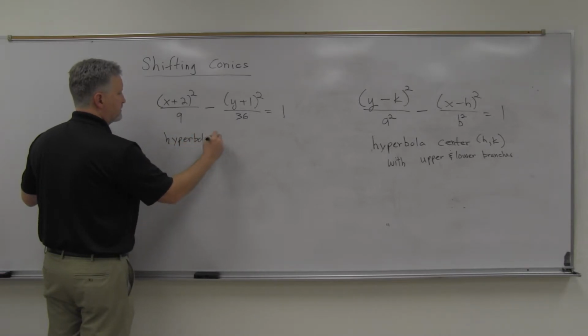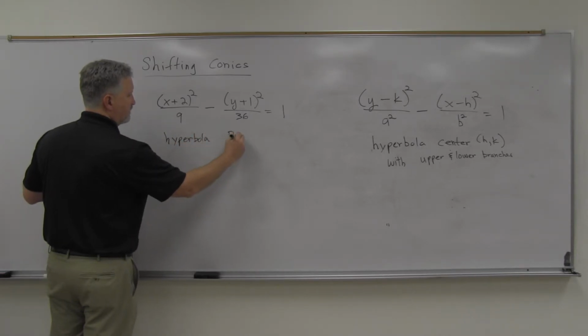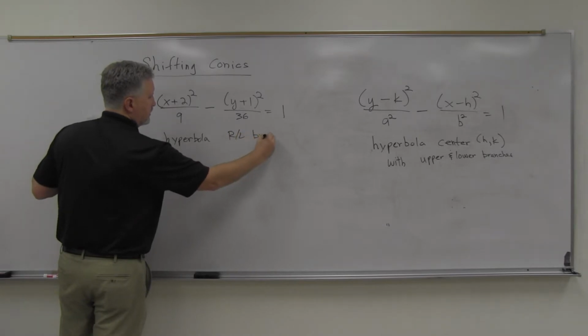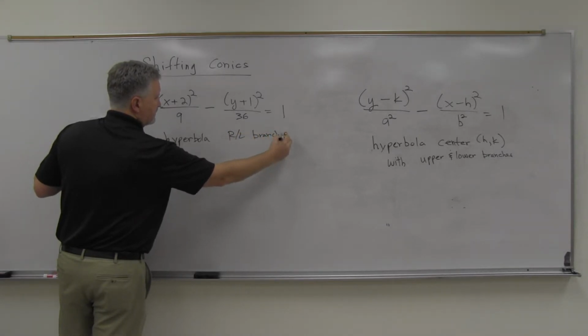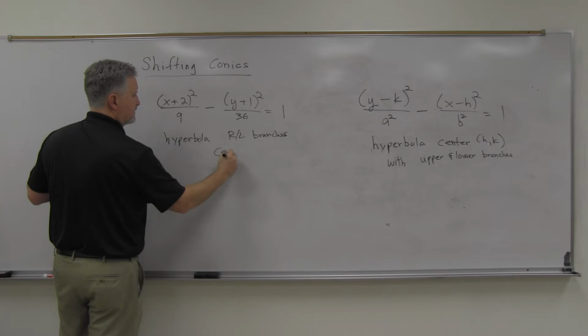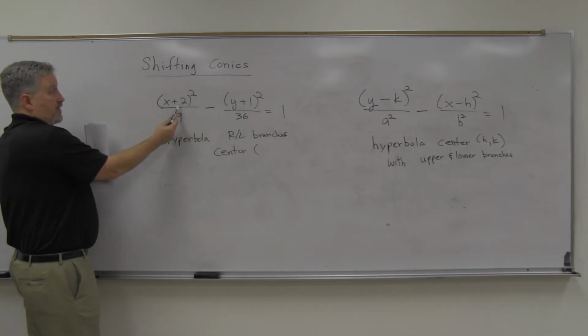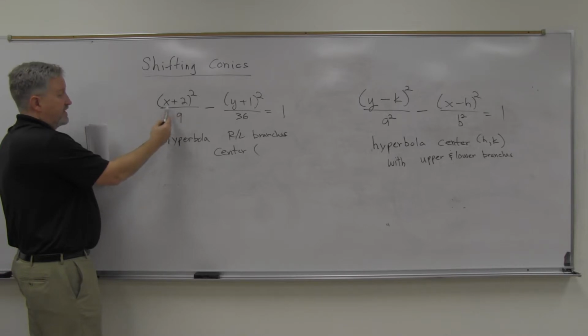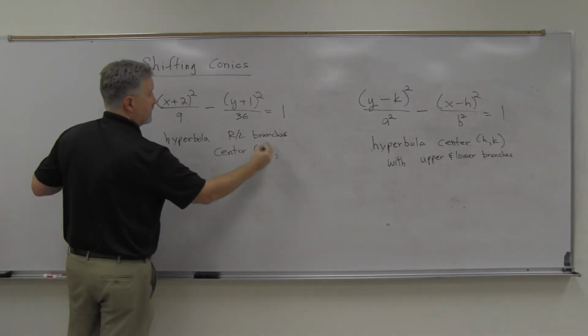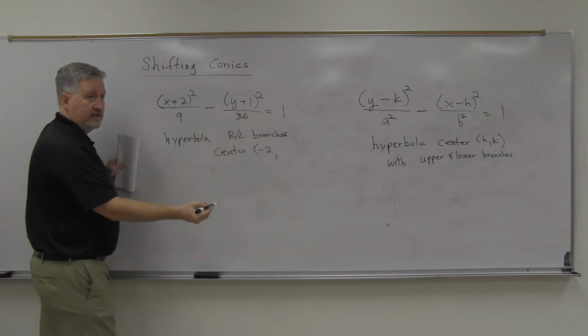The x squared is first, so we've got right and left branches. And my center is going to be shifted, so I need to note the center here. Well, the center, we go the opposite, right? X plus 2, so the h would be negative 2. And it's y plus 1, so the k would be negative 1.